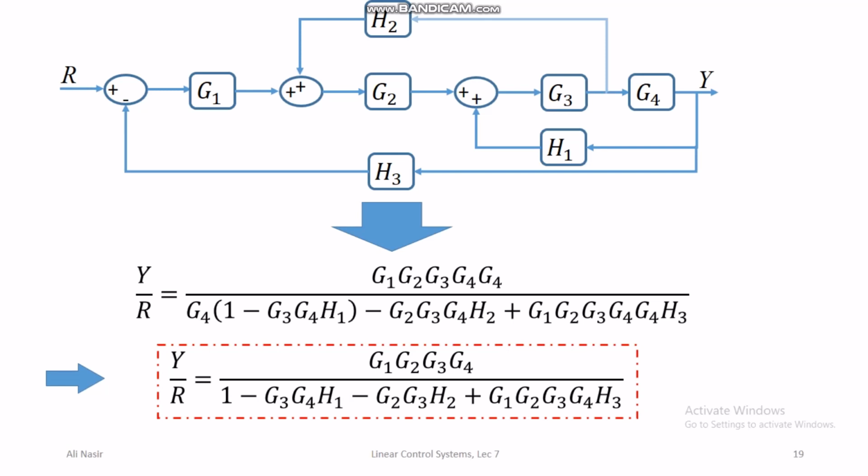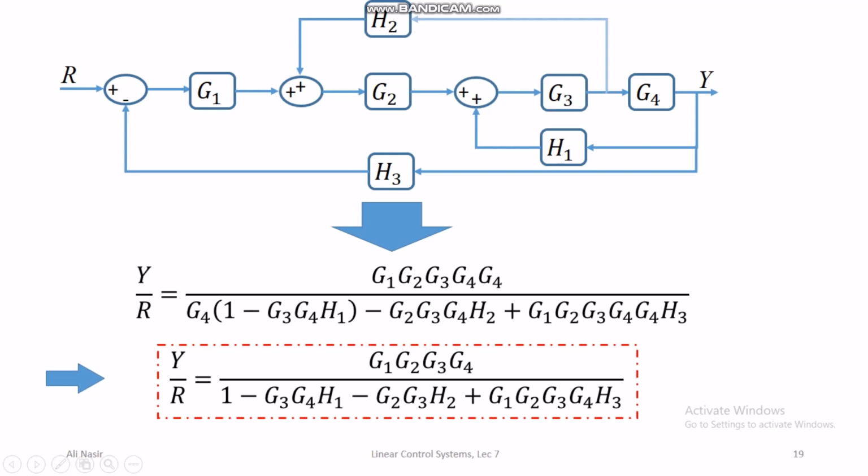If you look at the original block diagram, the direct path between r and y has g1, g2, g3 and g4 blocks involved.